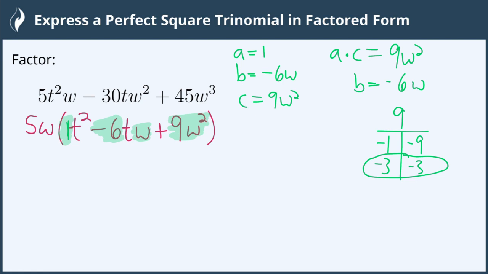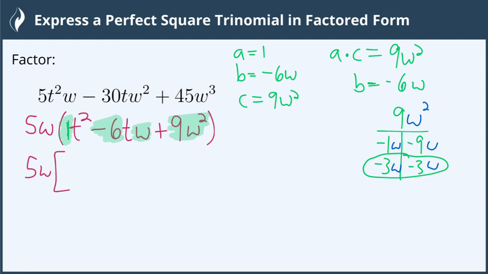Then we remember that this is 9w squared. So each of our pieces would also have to have a w. So what we're having here is we have negative 3w and negative 3w are how we're going to split up that middle term. Now, coming back over here, remember we're carrying this 5w that we'd already pulled out on the outside here.